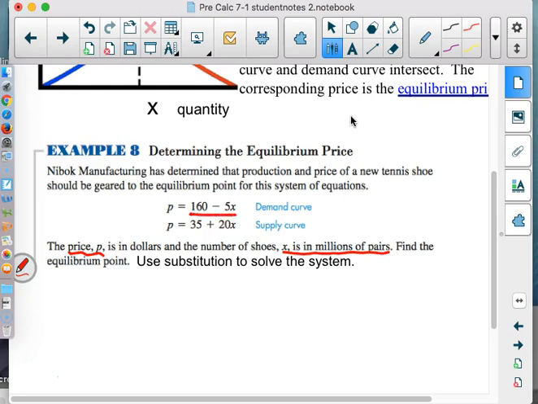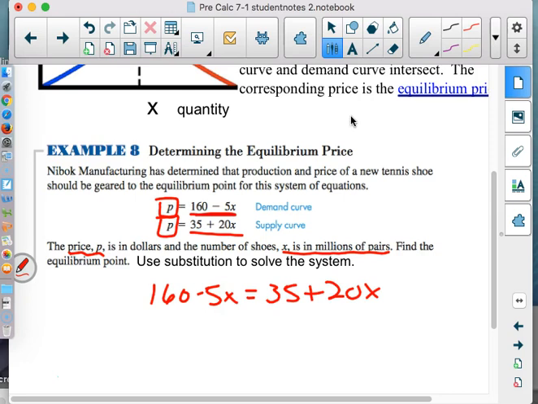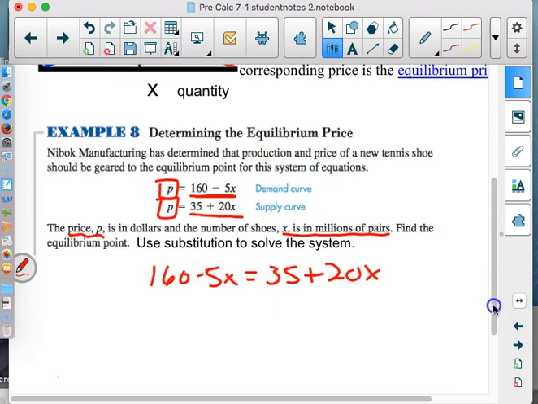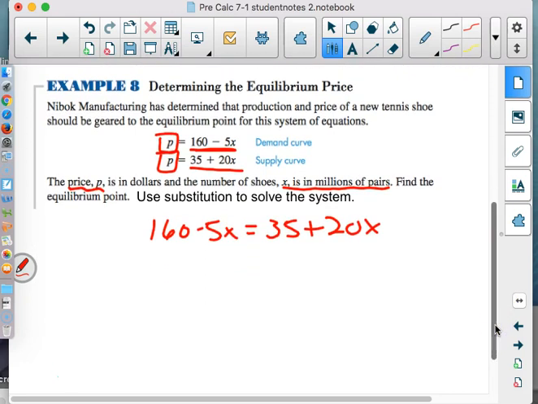Because if 160 minus 5x equals P and 35 plus 20x equals P, well, then they have to equal each other because they both equal the price. So 160 minus 5x is going to have to equal 35 plus 20x, and we can just solve this and we will be able to find x, which is the millions of pairs of shoes.